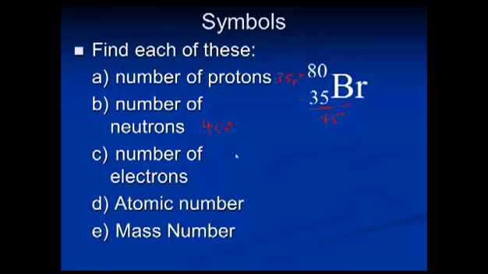My electrons are equal to my number of protons. So if I have 35 protons, I have 35 electrons. The atomic number is right here. This is my atomic number, so 35. And my mass number is this at the top. And so my mass number is 80.